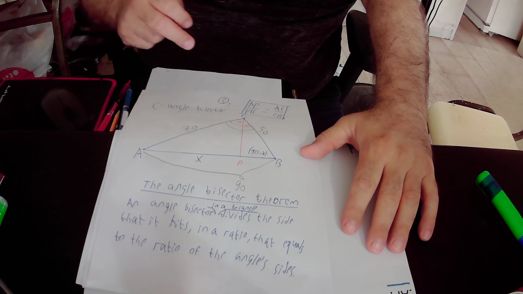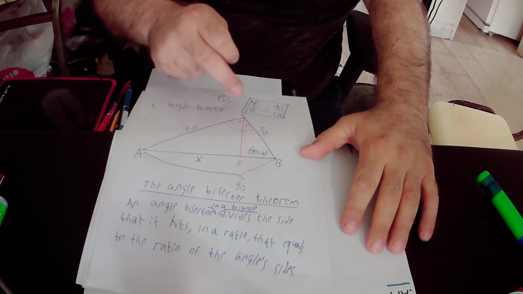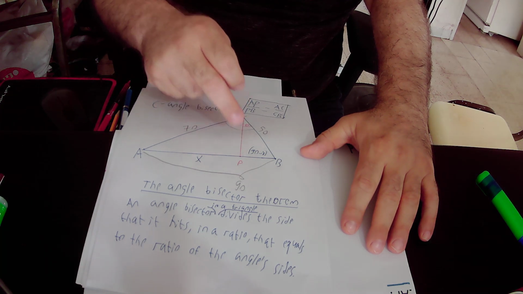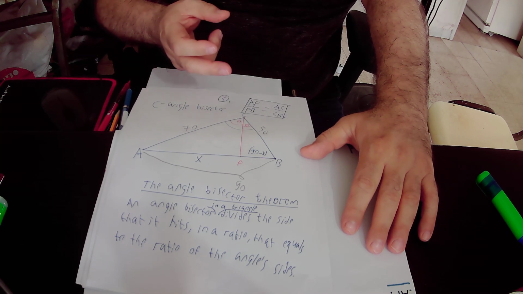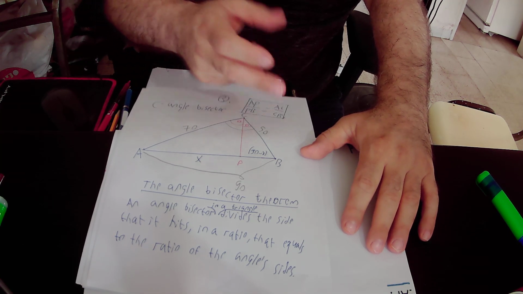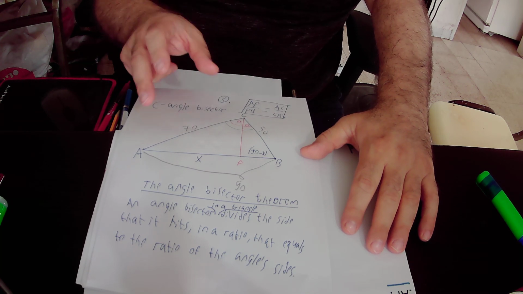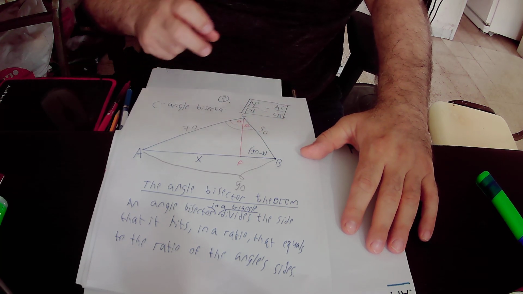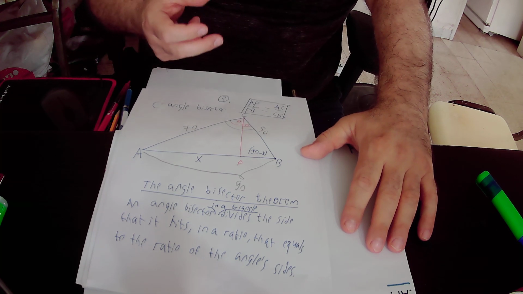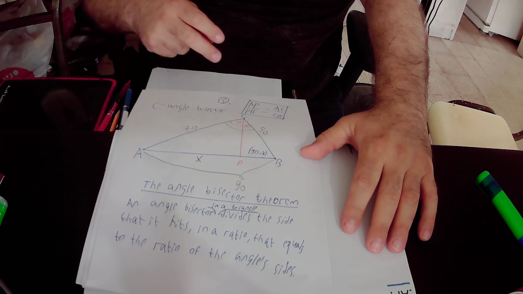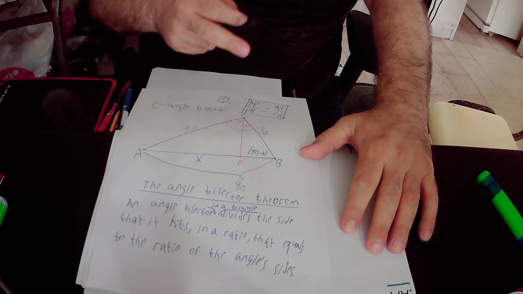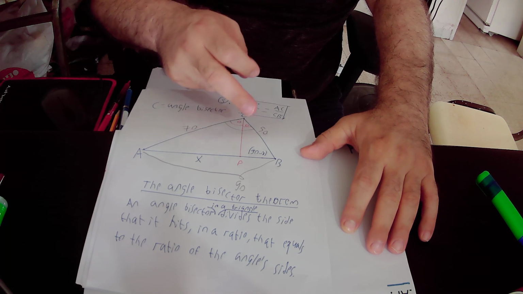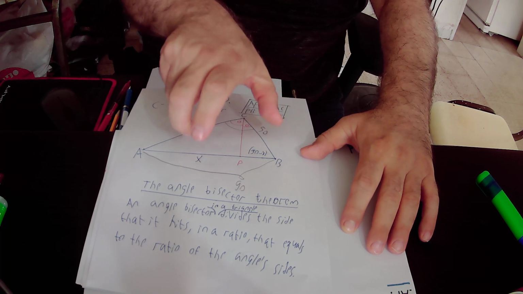Angle ACB is divided into two halves by CP, the angle bisector, and this angle consists of two sides, side AC and side CB, and the ratio between those two sides is AC over CB. That ratio, AC over CB, equals the ratio in which angle bisector CP divides side AB.